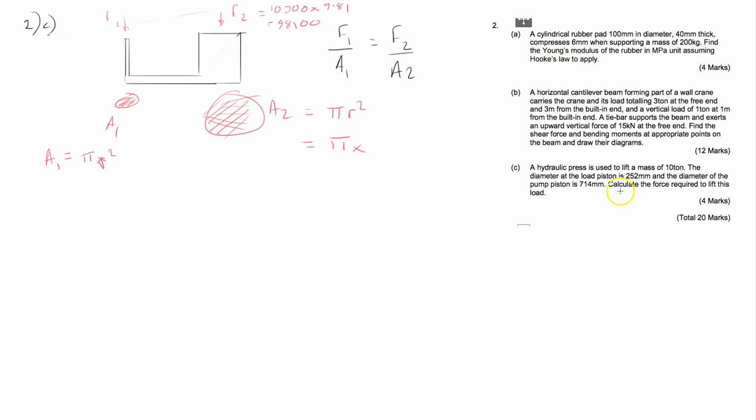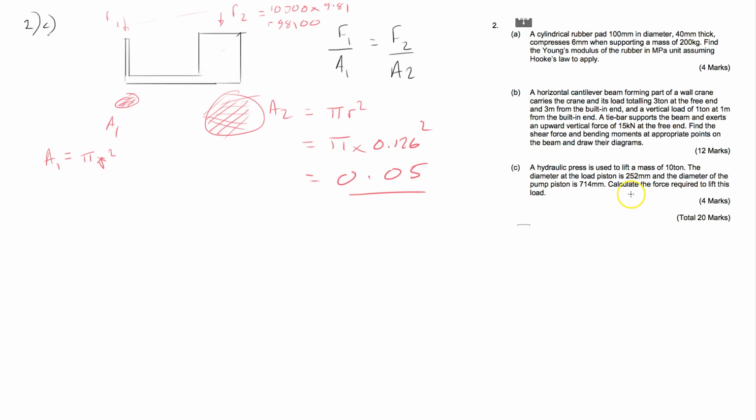So the load piston is 252, so that'll be 126 mil divided by 1,000 is 0.126. And that comes out as 0.049, near enough 0.05.